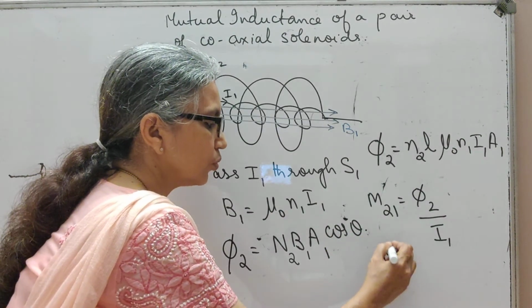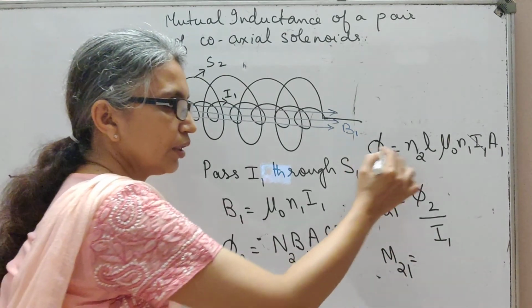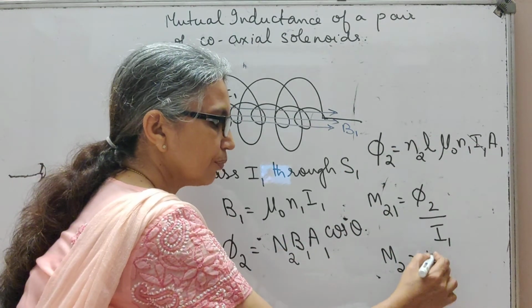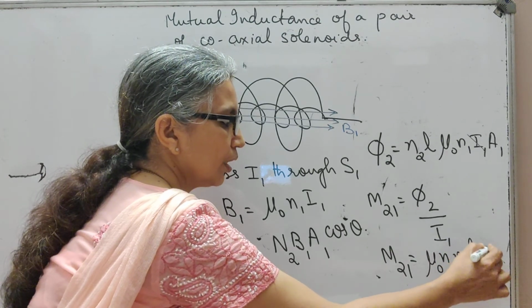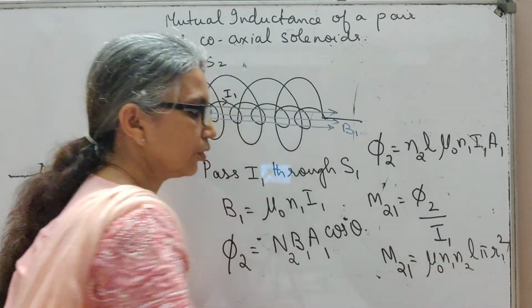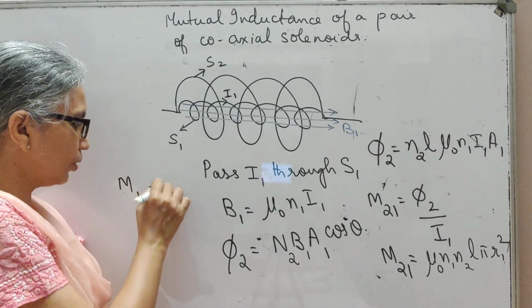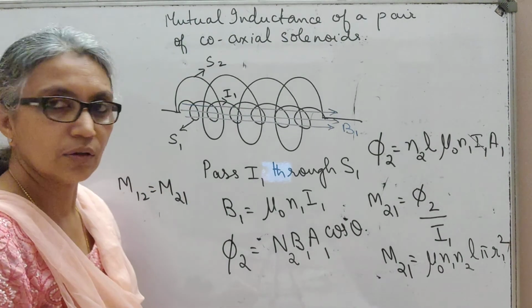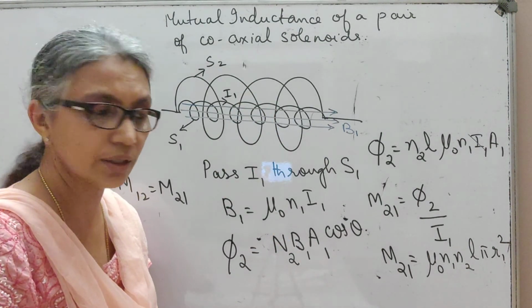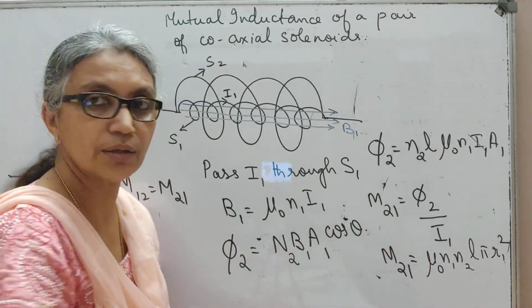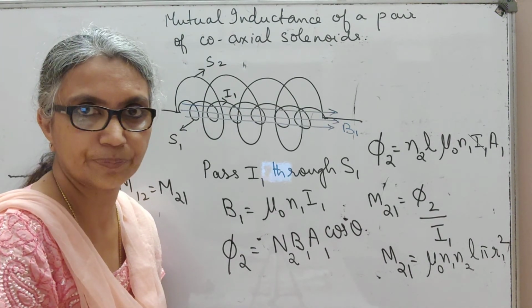So M21 equal to, if you cancel this I1, dividing phi 2 by I1, you have mu 0 N1 N2 L pi R1 square. You will see that M12 is equal to M21. So whether you pass current through the inner one or through the outer one, mutual inductance is given by the same formula, mu 0 N1 N2 L pi R1 square.